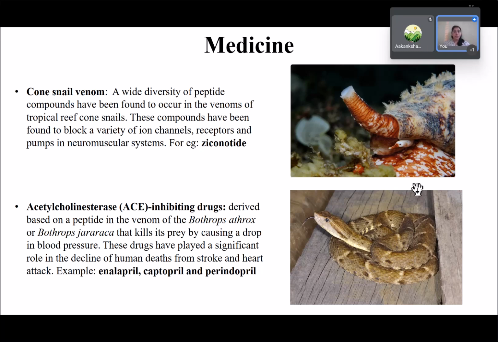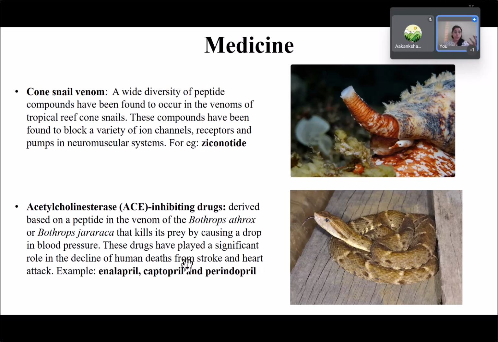For example, cone snails. They have venom. Venom is, of course, looked at in a very negative sense, but the same venom can be repurposed and used for treatment of many diseases or problems. For example, cone snail venom can be used to make drugs like ziconotide. Similarly, you have snake venom.